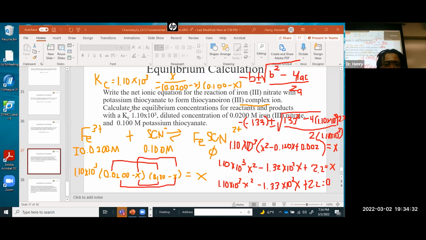Okay, so let's see, 133 squared minus 4 times 1.10 times 10 to the third power times 2.2, divided by 2 times 1.10 times 10 to the third power. Take the square root of that.